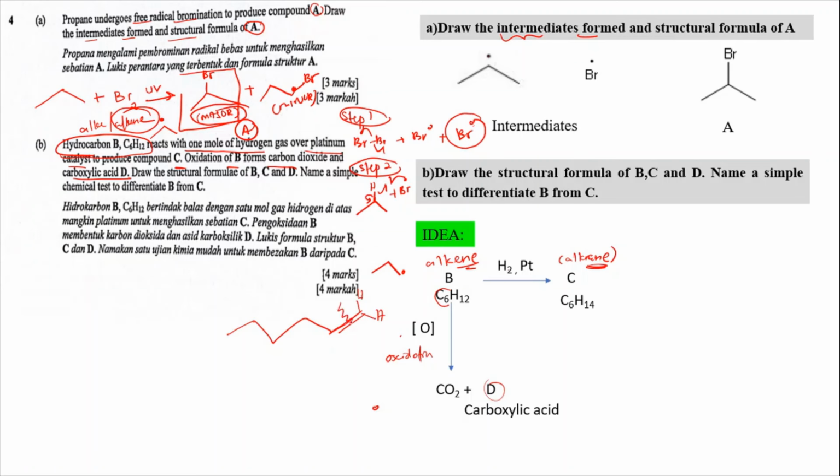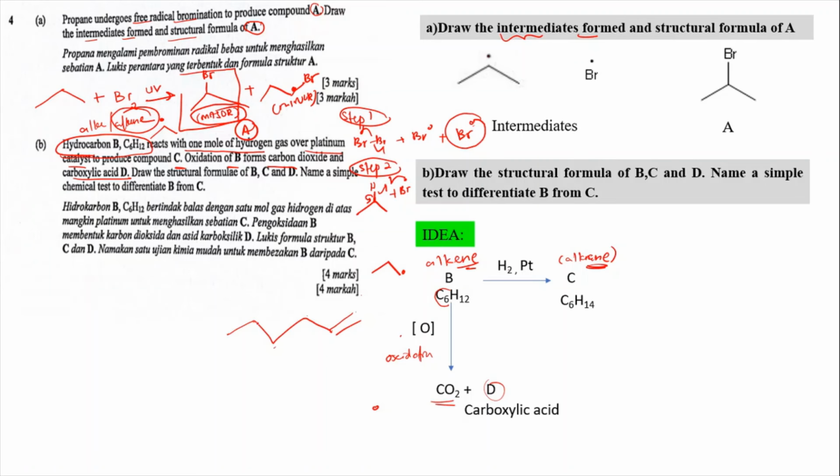When it is broken down, the C here is going to produce carbon dioxide and water when it is being oxidized. So we know that the double bond is going to be at the end because it's going to produce carbon dioxide. So the most appropriate answer is going to be 1-hexene here.